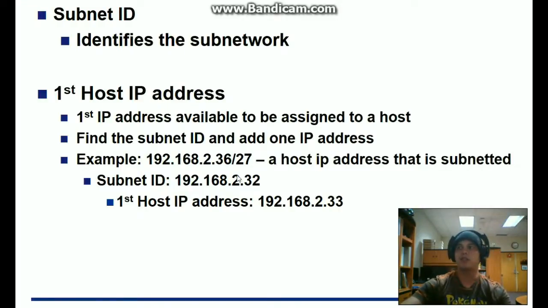So based on this 27, if we look at the fourth octet, remember, all other octets have 8 bits in the subnet mask, and they're all turned on. I just wrote 8 out to make it easier.